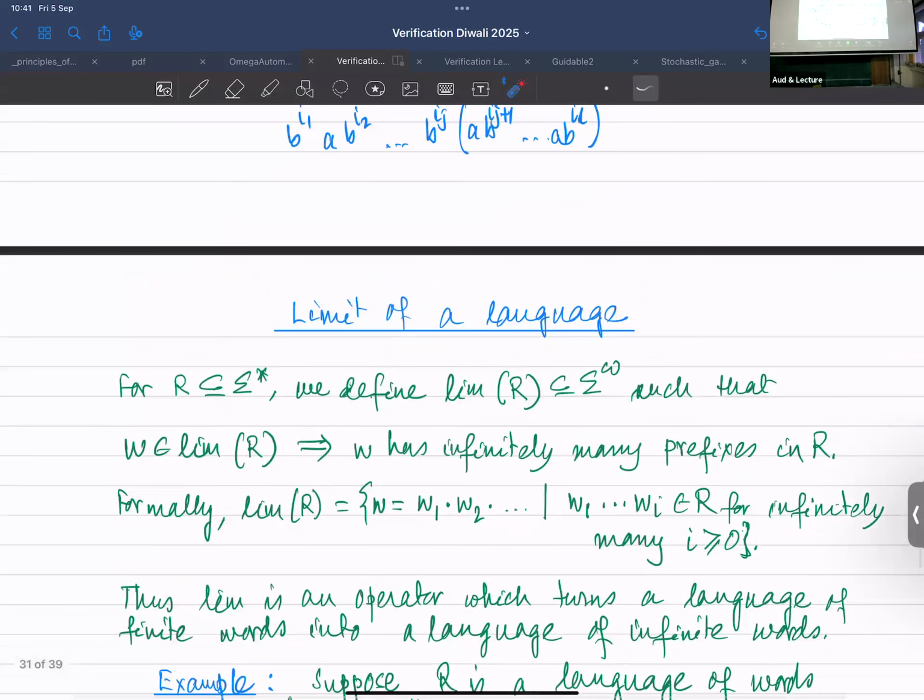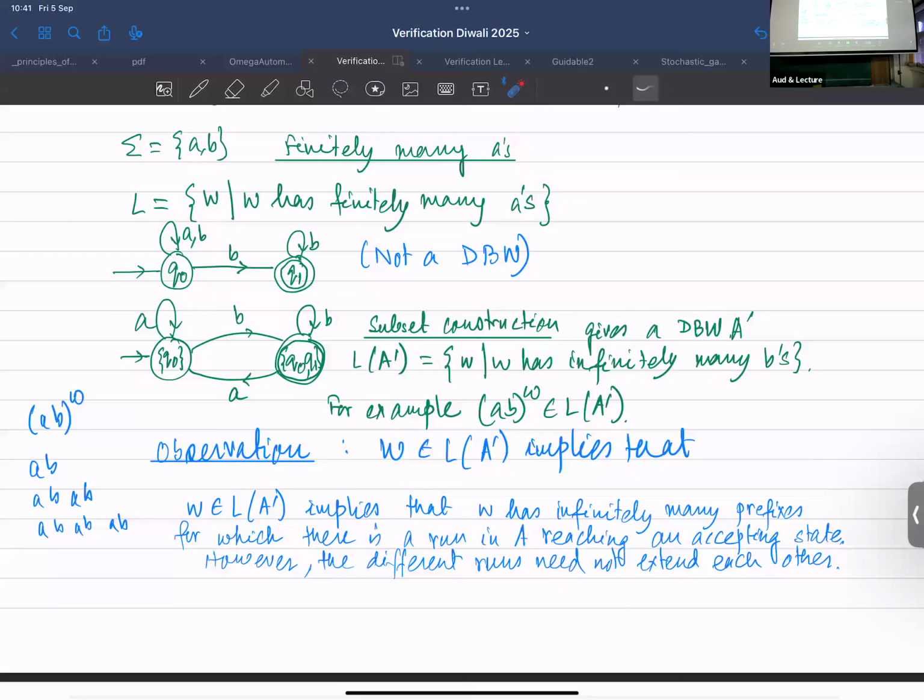But before we do that, when you see this automaton, the language accepted by this automaton and the language accepted by this automaton, is it the case that one is a superset of the other, or they are not comparable? What do you think?